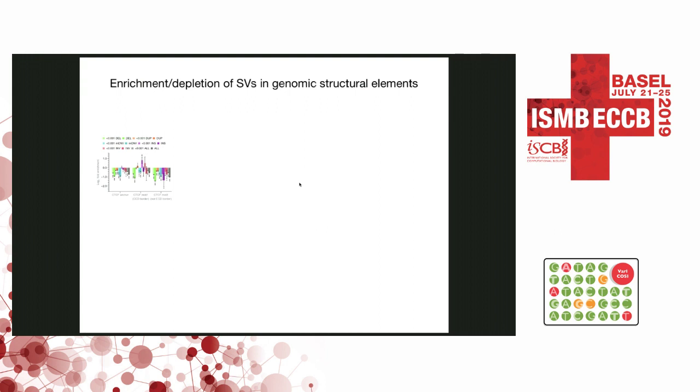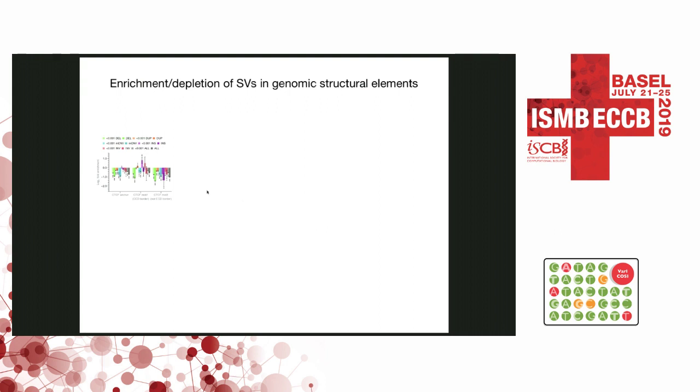So we take high quality CTCF ChIA-PET data for one human lymphoblastoid cell line, which is GM12878, and we map on them SVs identified in the 1000 Genomes project in a population of lymphoblastoid cells. And we calculate enrichment of these SVs in CTCF anchors and at CCD borders.